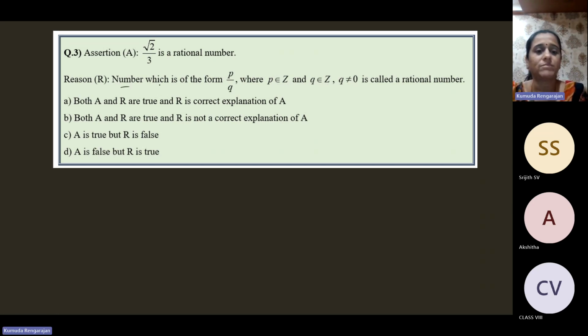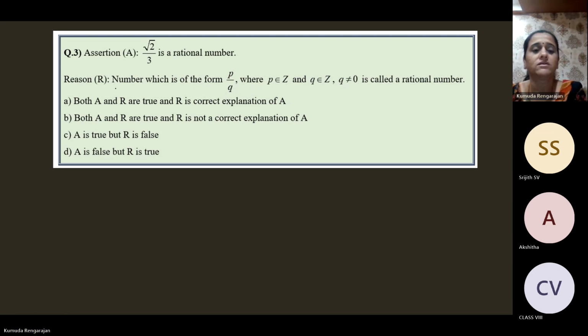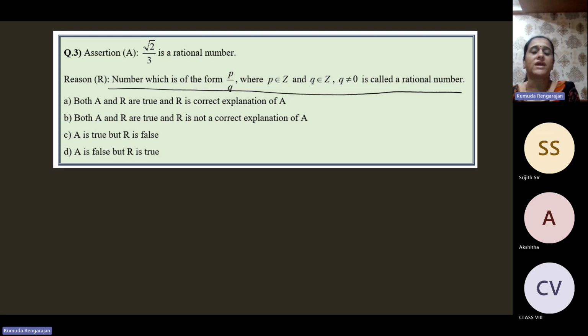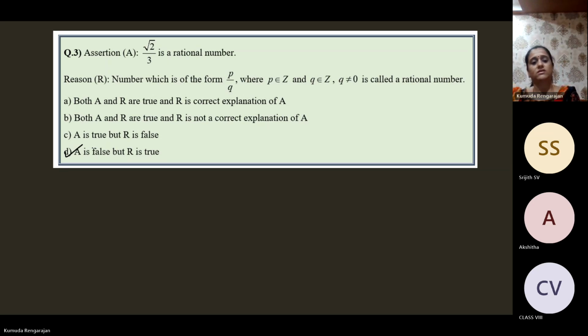See, a number which is of the form P by Q where P belongs to integers, Q belongs to integers, P is an integer, Q is an integer, and the denominator Q is not 0, is a rational number. Perfect. Complete definition of a rational number. So this is true. This is false. So assertion is false, but reason is true.